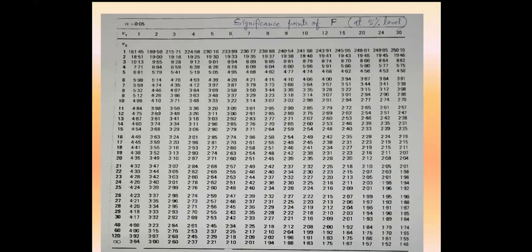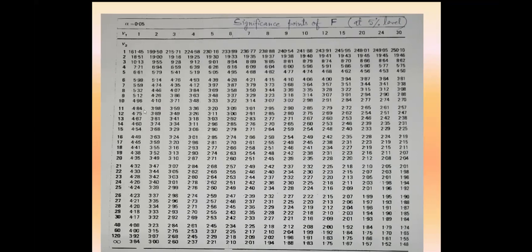See here on the upper side, degree of freedom values are there: 1, 2, 3, 4. These are degrees of freedom numerator. And on the left side, if you go vertically, again nu is there. So these are degree of freedom values. So at 11 and 2, what we find, the value is 3.98.